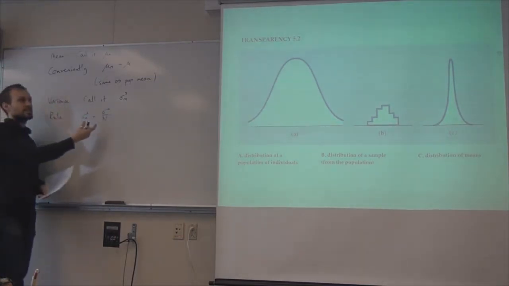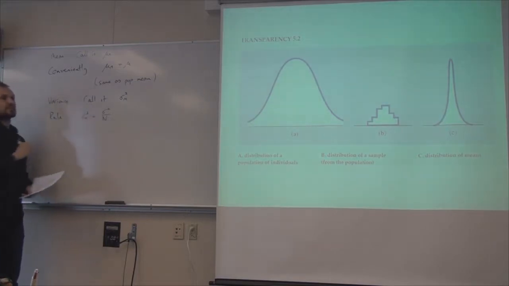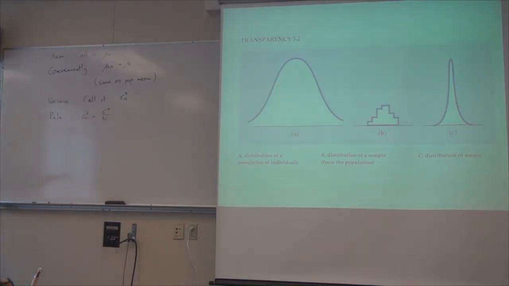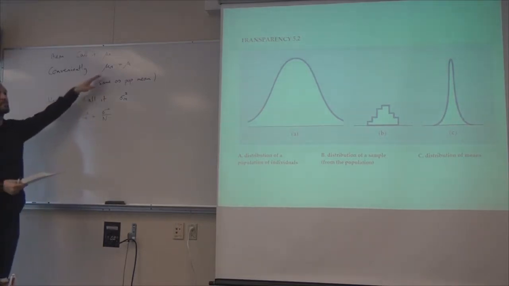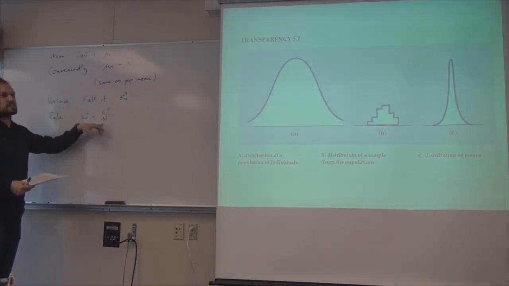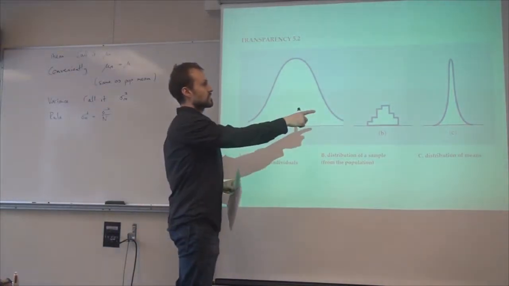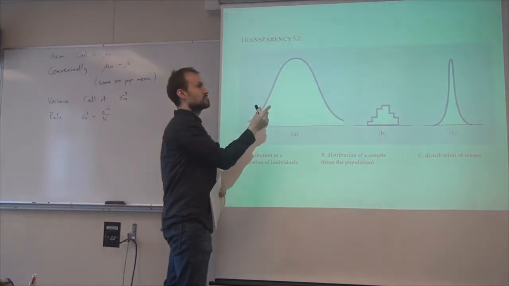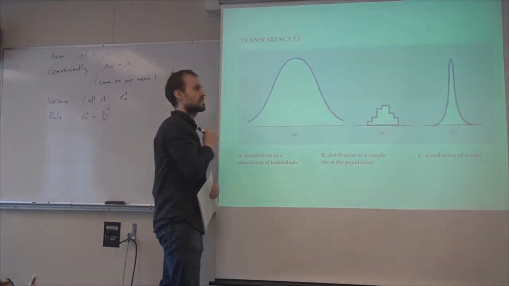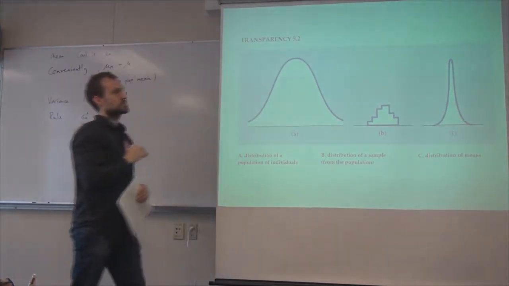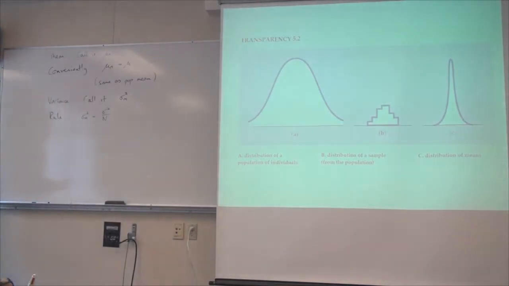So the bigger my sample size, the less variance I'll see. It's not that bad to remember. This has no adjustment, this has a little adjustment. So this is why the graph on the right is much narrower. It has much less variance than the population distribution.